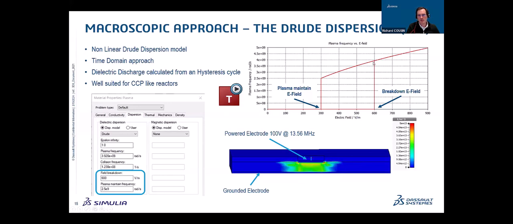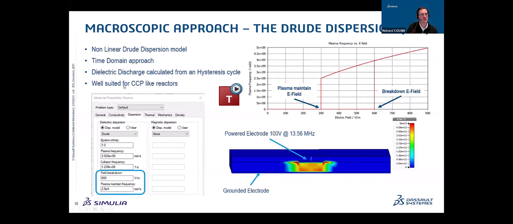And the plasma is maintained over a certain electric field. And then as soon as you are below the electric field, which is defined here to maintain the plasma, then below you handle it as a dielectric. And you can really perform this in the time domain.